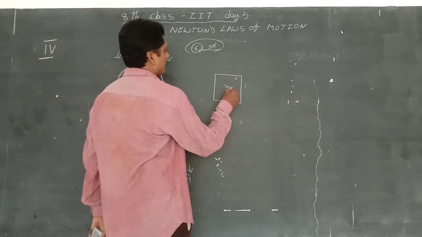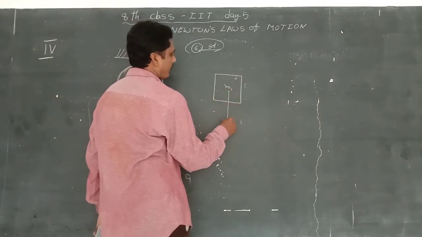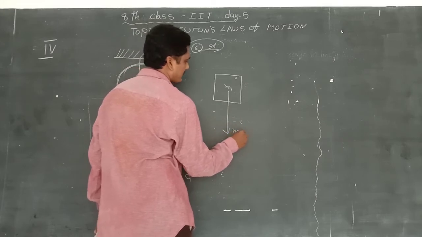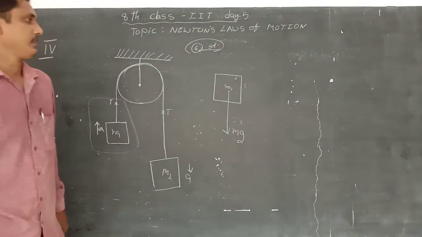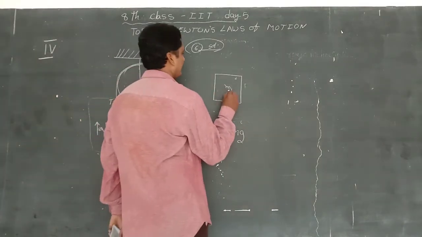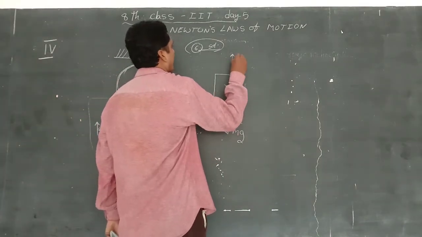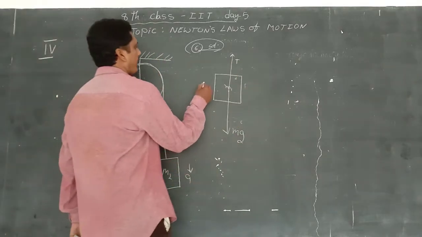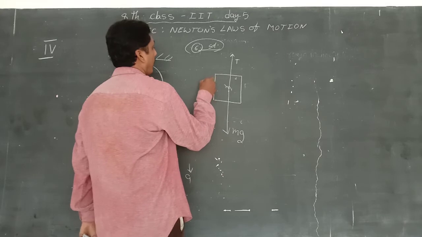Mass m1, so weight of the body acts vertically downward, that is m1 g. Tension in the string acts upward. Acceleration of the body acts vertically upward.